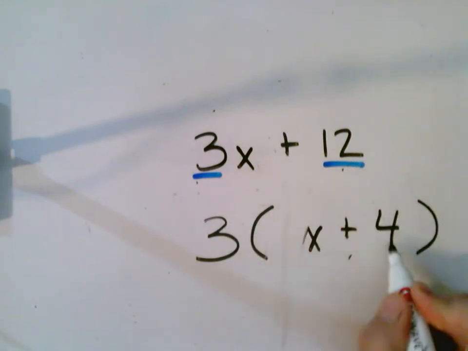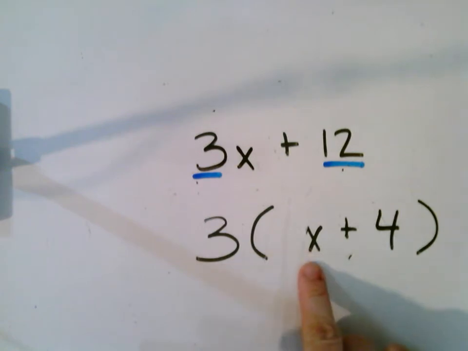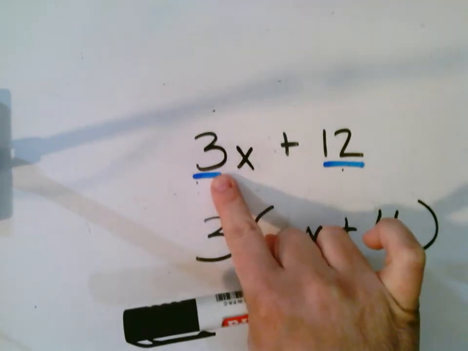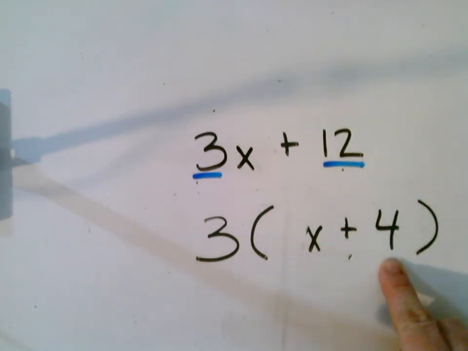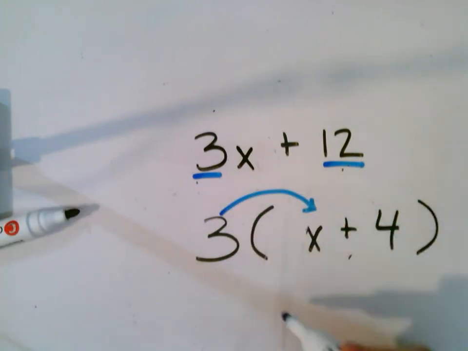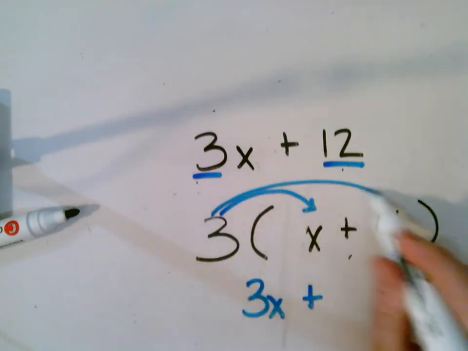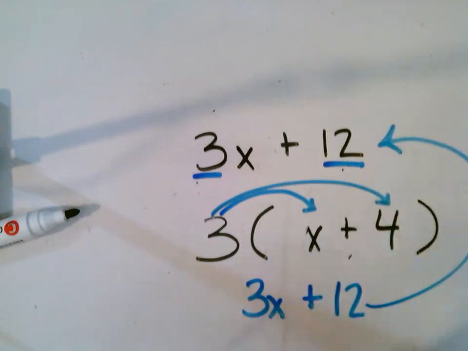So I'm left with 3 times the quantity x plus 4. So all I did was take the 3 out, divided the 3 out here, divided the 3 out here, and I'm left with x plus 4. Let's double check. 3 times x is 3x, my plus sign, 3 times 4 is 12. Look, I got the same thing that I started with.